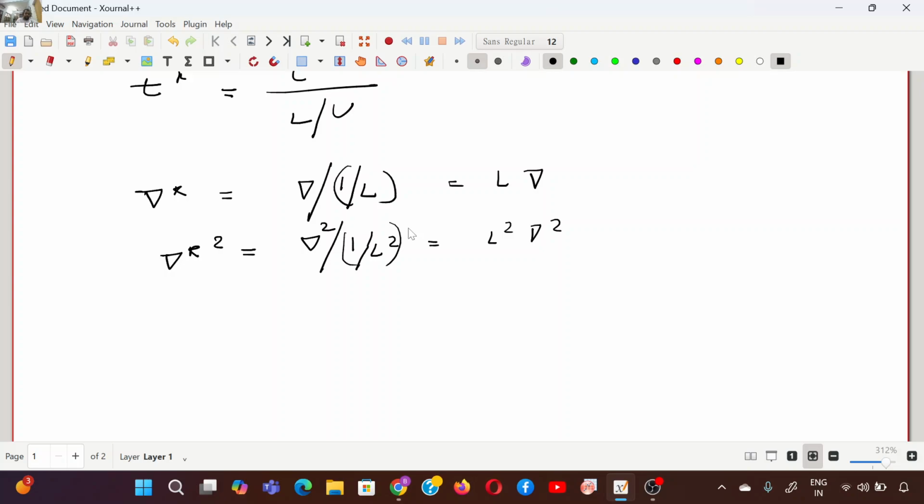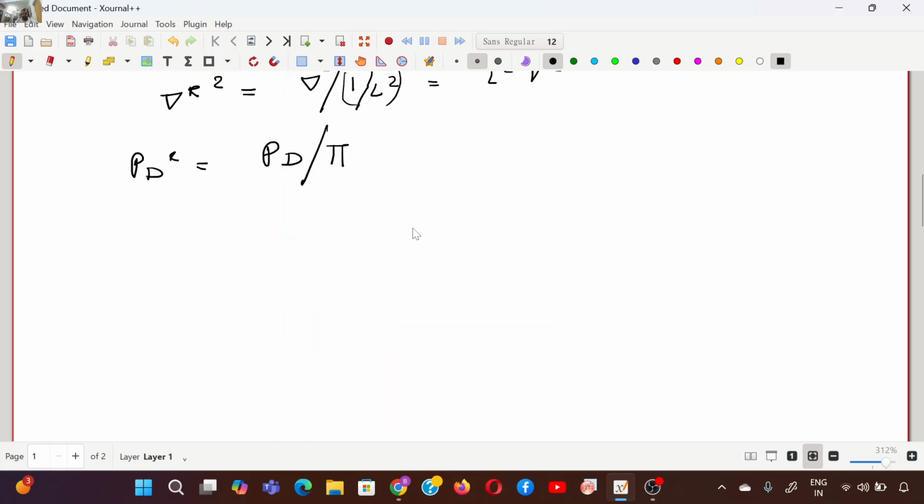Pressure, how do we non-dimensionalize? Okay, let us just use some dynamic pressure. PD star is equal to PD divided by pi. Pi is some placeholder variable for now. We don't know what it is. It is some variable.